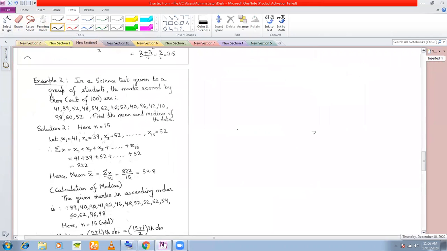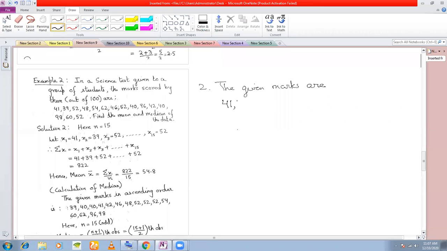In a science test given to a group of students, the marks scored by them out of 100 are given.